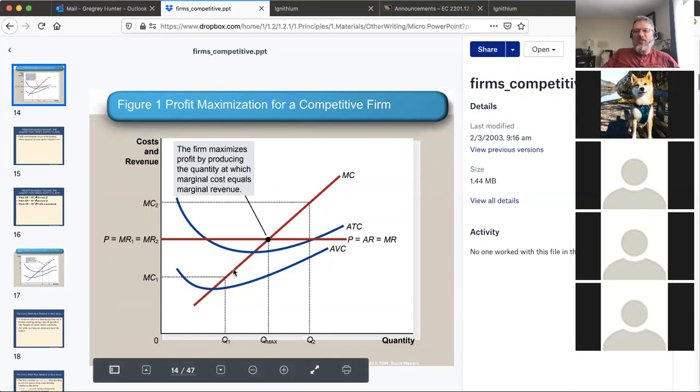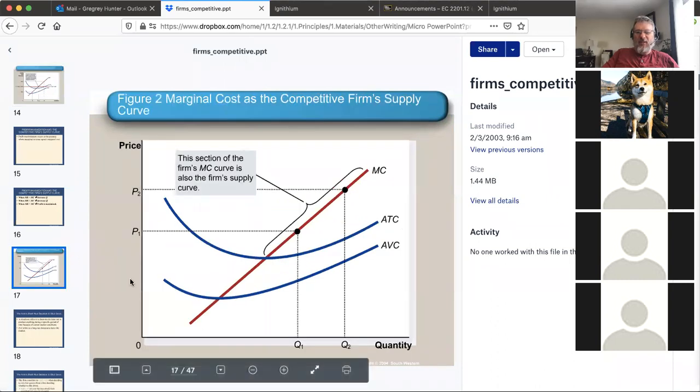And that means their costs are going to be increasing as they produce more. So if they're at a point where marginal cost is less than marginal revenue, they can produce more profitably. And if they're at a point like Q2, obviously they can reduce their costs, holding their revenue constant, by producing less. So anyway, hopefully that's clear. If you guys have any questions about it, then just let me know.